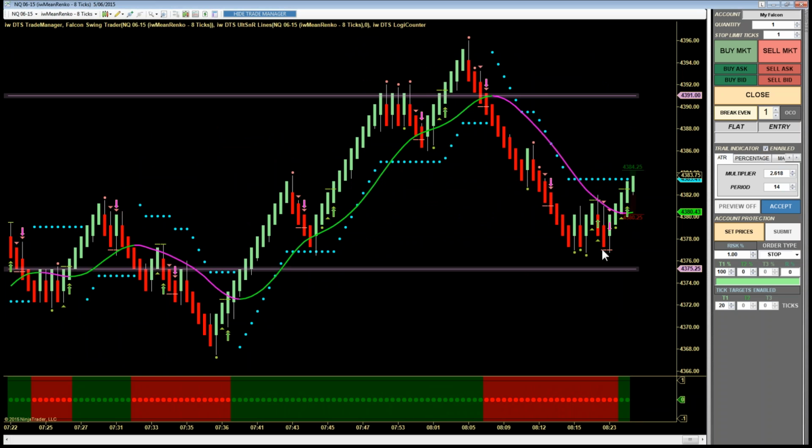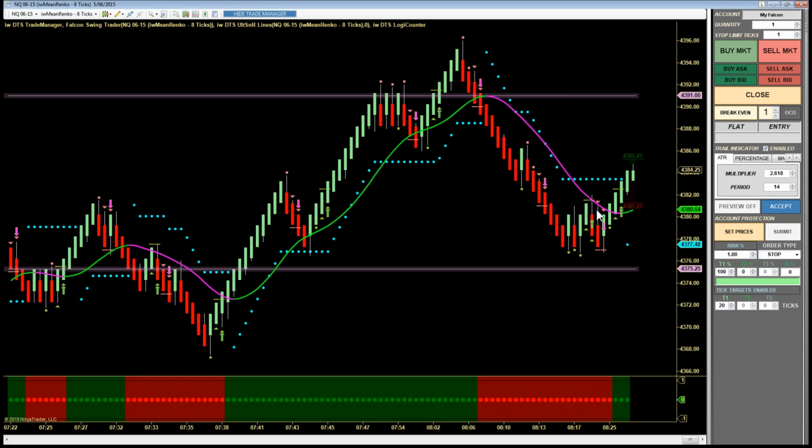So we're finding a little bit of support here, possibly working on a trend change signal now. I really didn't think the buyers had it in them, but it looks like they might.